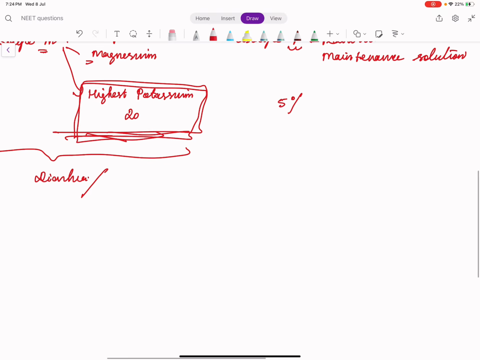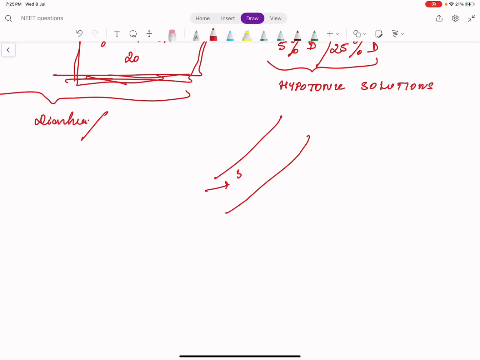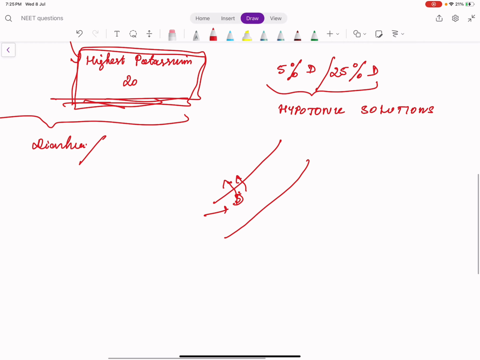Coming to dextrose containing solutions, we have 5% dextrose and 25% dextrose. These are called hypotonic solutions. Because what happens is, when we give a dextrose containing fluid in the blood or plasma, the entire dextrose rapidly enters the surrounding cells. The glucose is entirely utilized by the surrounding cells.